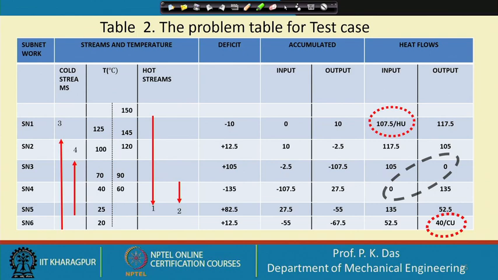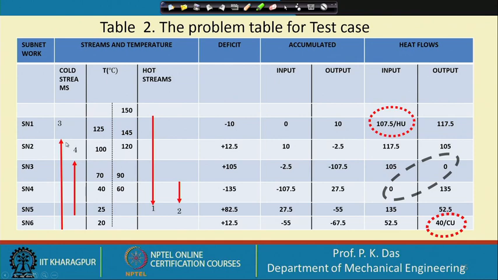So, you see in this table there are a number of columns, columns are very important, and then of course, there are a number of rows also. Now, on the left hand side of the table, we have got cold streams. You see there are two cold streams, one cold stream is from 20 degree to 125 degree Celsius.